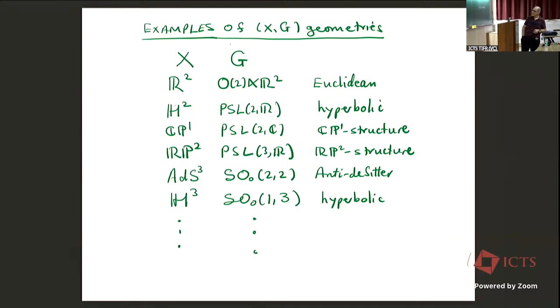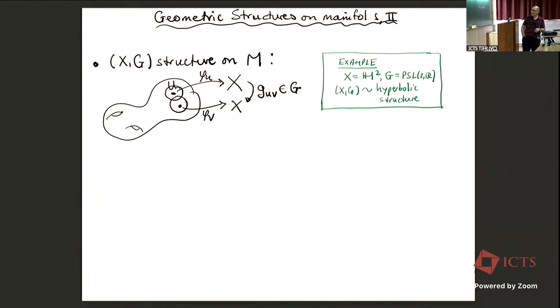Here's a very incomplete list of spaces and their isometry groups and the corresponding geometries that result from them. But we can go beyond this and talk about geometric structures on manifolds, in the sense that Indranil was talking about for projective structures, but this applies more generally whenever you have an (X,G) geometry in the Kleinian sense.